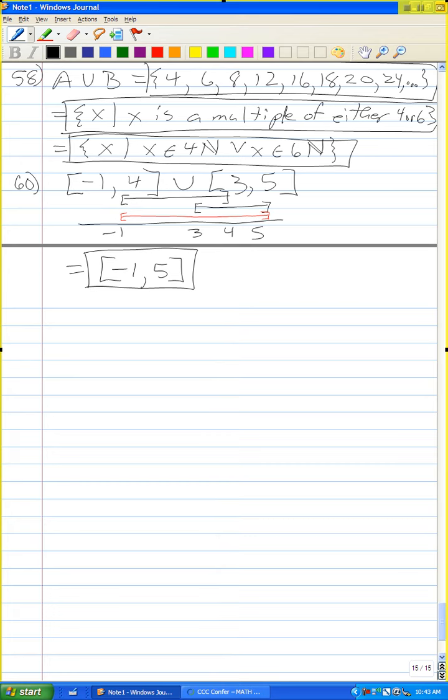Okay, let me do problem number 62. The open interval -3, 2, union, the open interval 1, 4. So I have, say, -3, 1, 2, 4.